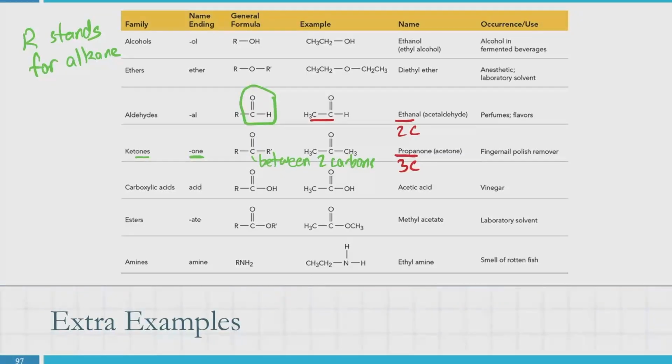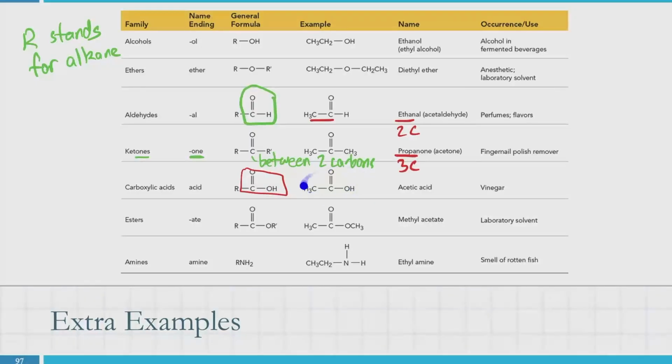We also have carboxylic acids, which are a type of organic acid. They generally are weak acids. And the acid group is, we've got our alkane bonded to carbon, and the carbon has a double bond with an oxygen, and it also has an alcohol group. So it's got both of those things at once.